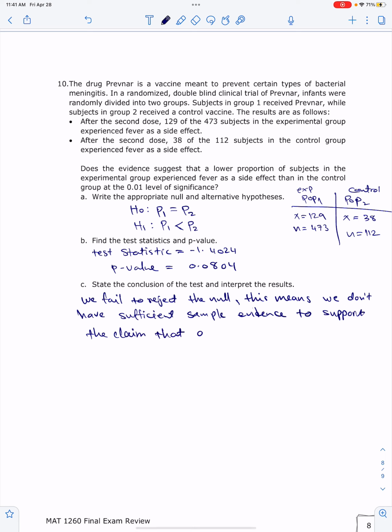The claim is here: a lower proportion of subjects in the experimental group experienced fever as a side effect than the control group. So basically, I'm just stating the conclusion right here, or the claim.